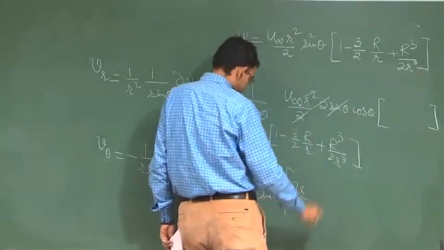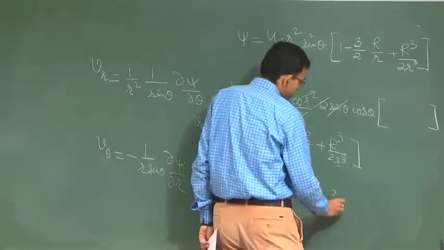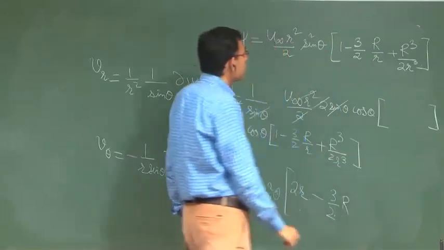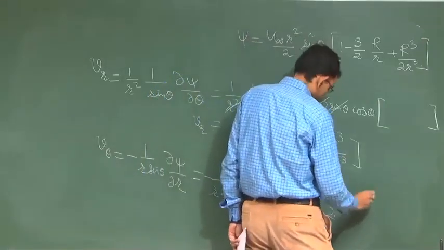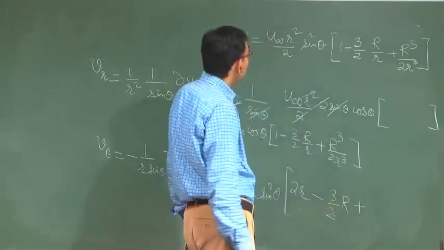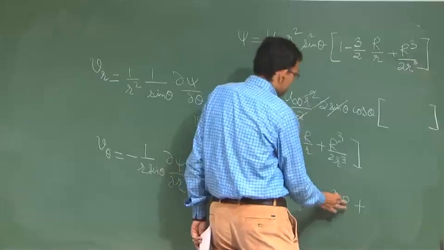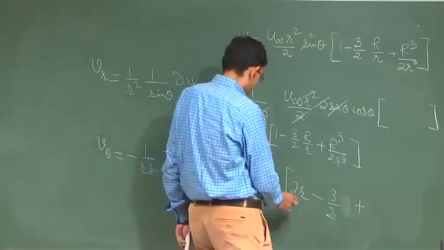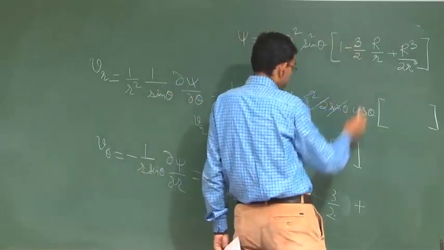So this will be 2r, minus 3 by 2, r, plus, right, no r, sorry, just 3 by 2. So this is r, sorry, capital R, right.